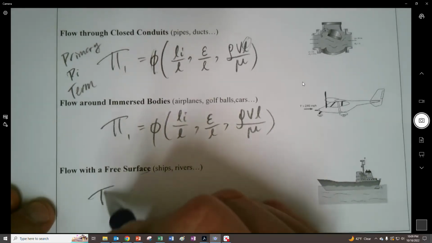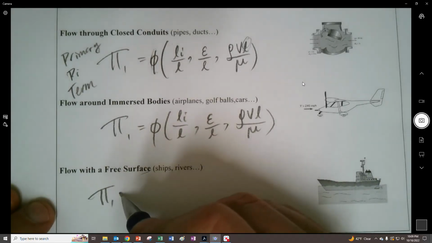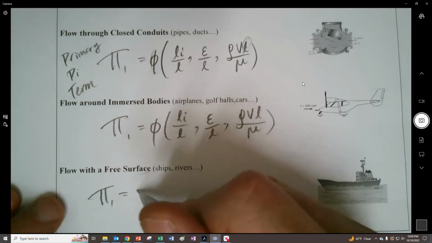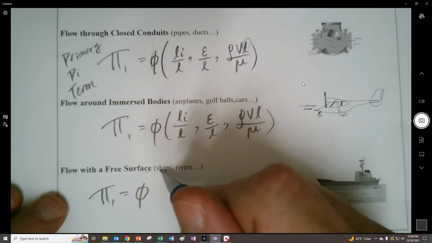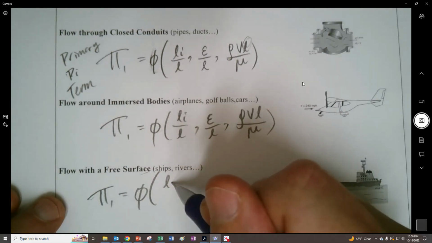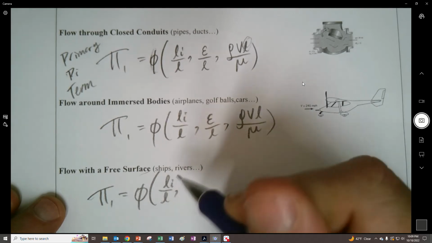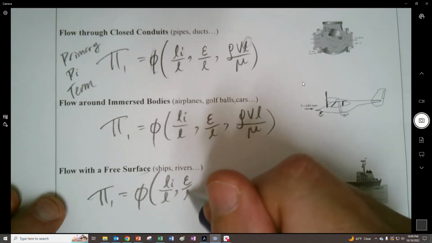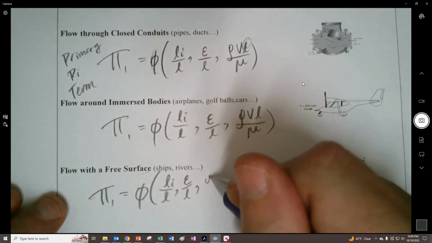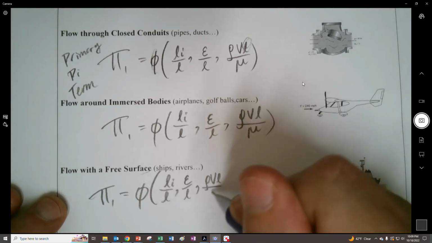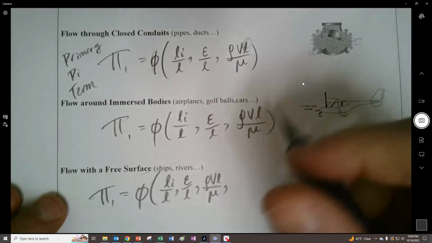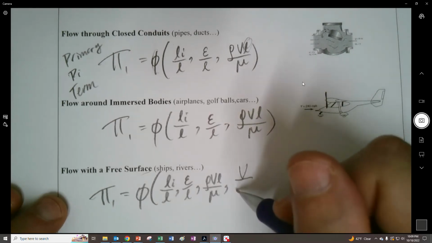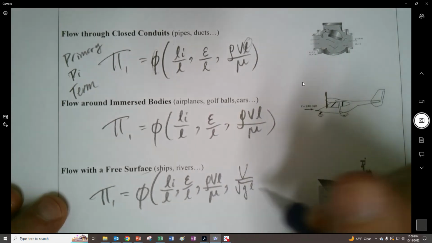And then for things with free surfaces, like ships and rivers, or if we're trying to analyze flooding, we have the characteristic length, and we might have a lot of them. We could have roughness, and we're also going to have Reynolds number, but we also might have the Froude number because gravity is working against me.